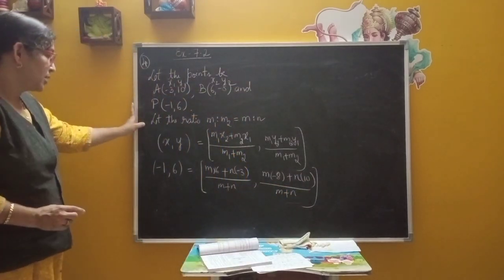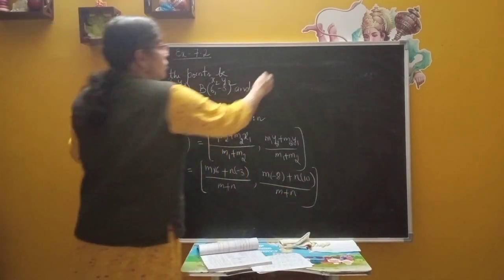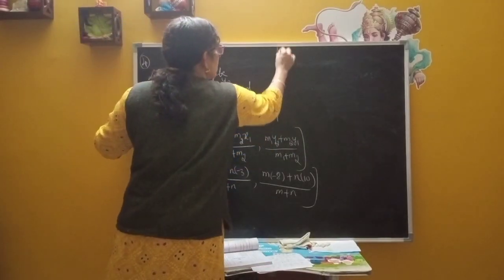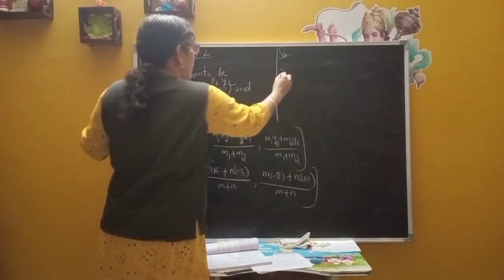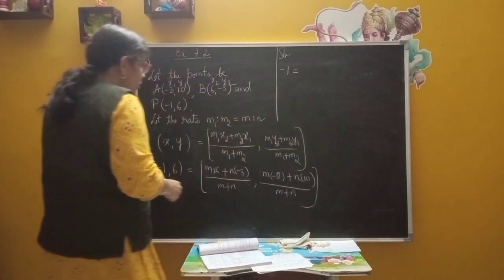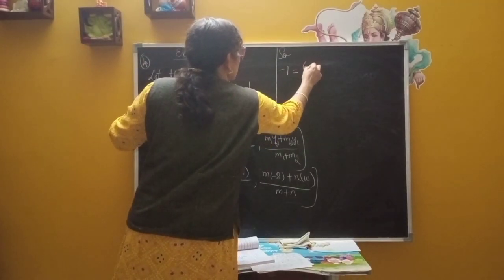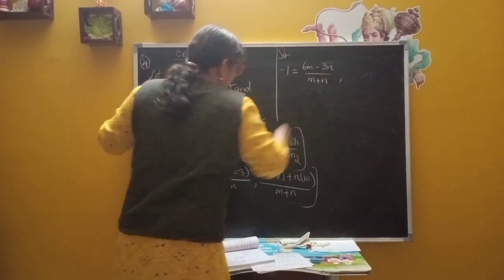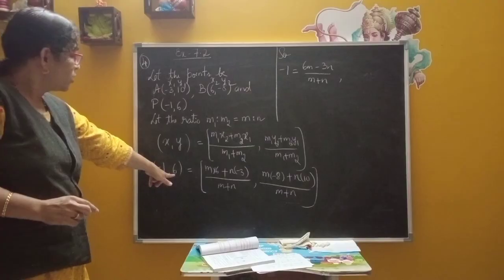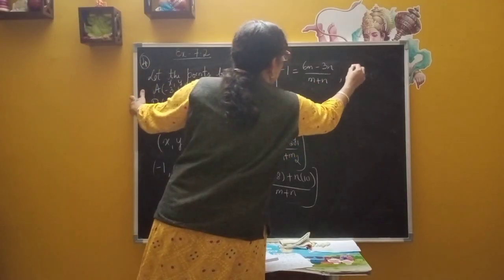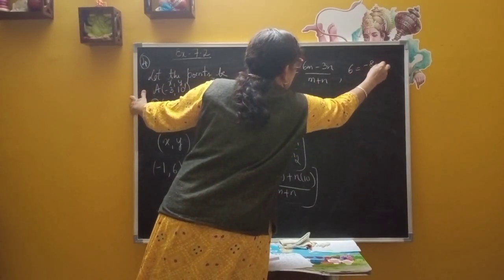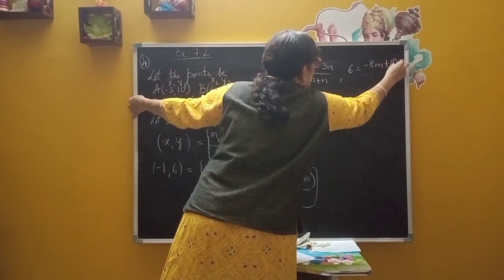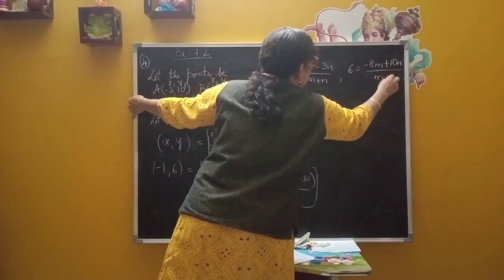These are the coordinates. Now minus 1 is equal to, what do we get? Minus 1 is equal to (6m minus 3n) by (m plus n), and the y coordinate, 6, is equal to (minus 8m plus 10n) divided by (m plus n).